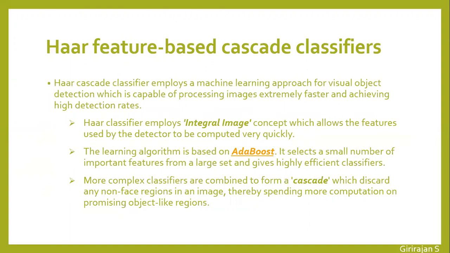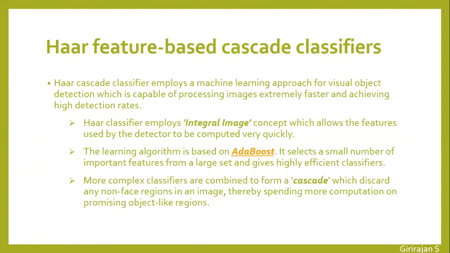The Haar cascade classifier employs a machine learning approach for visual object detection, which is capable of processing images extremely fast and achieving a high detection rate. This can be attributed to three main reasons. First, the classifier employs an integral image concept, which allows the features used by the detector to be computed very quickly.